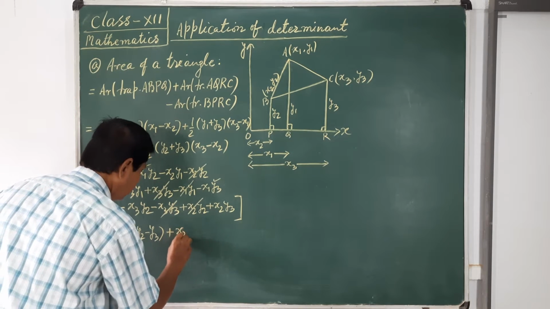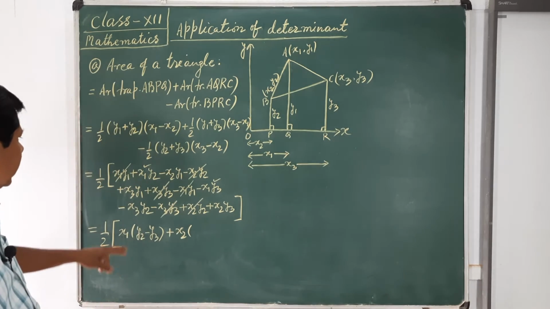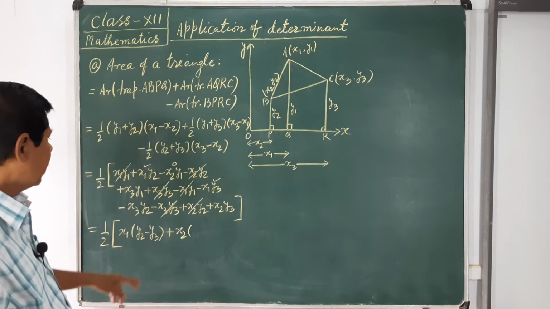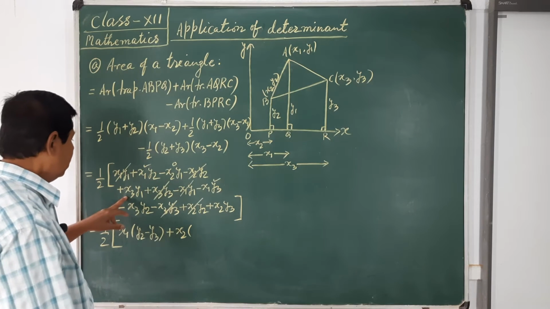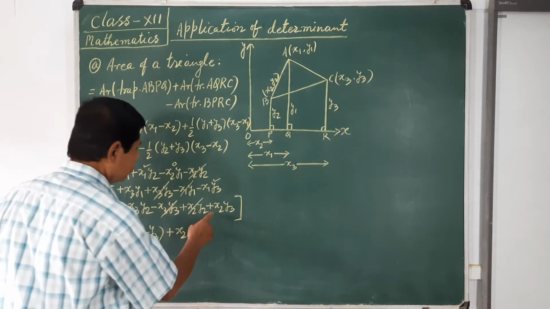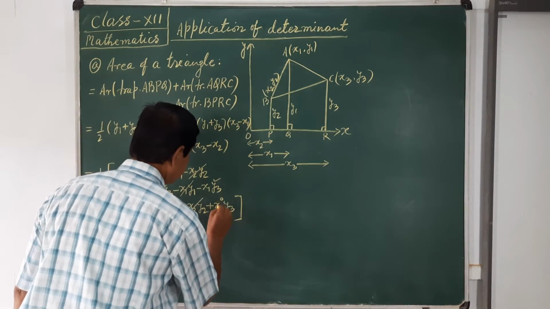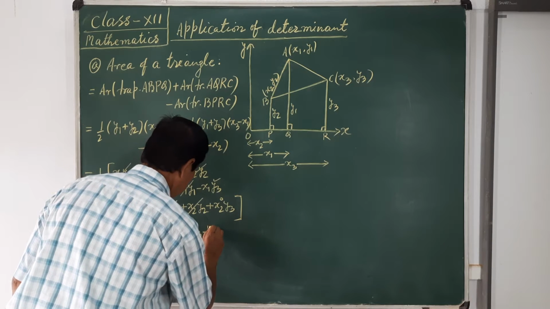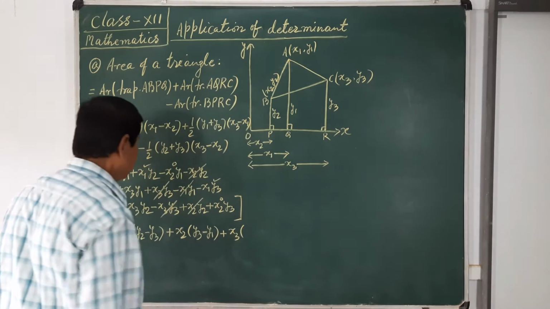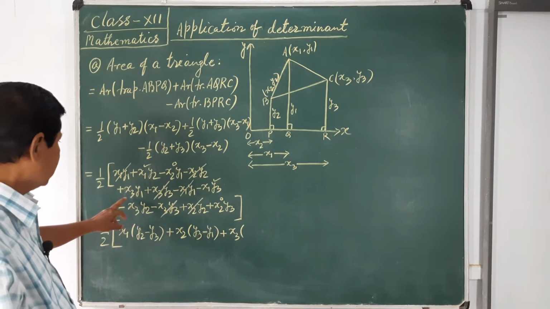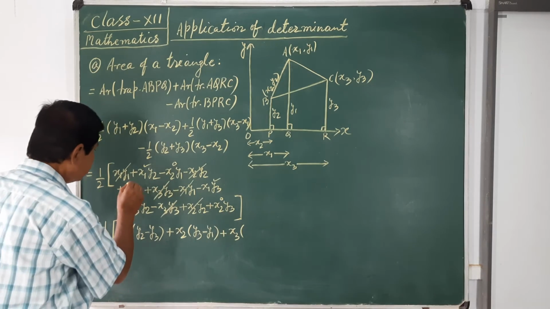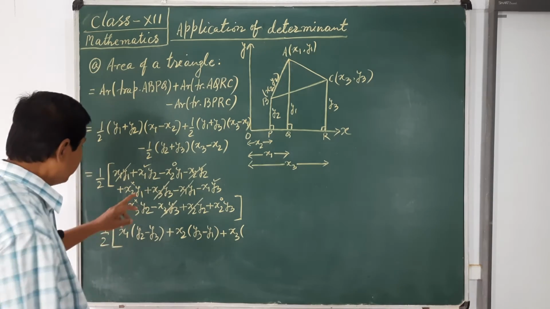Plus x2 common, in x2 y1 and x2 y3: x2 into y3 minus y1. Plus x3 common, in x3 y1 and x3 y2: x3 into y1 minus y2.